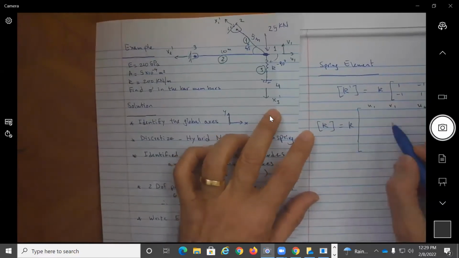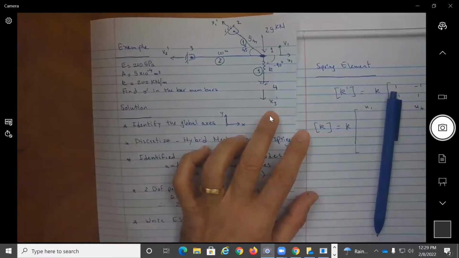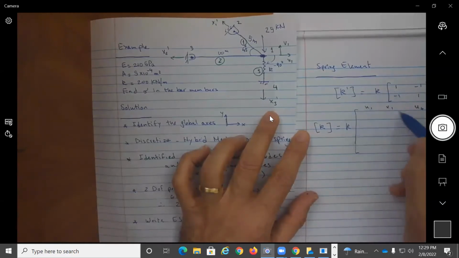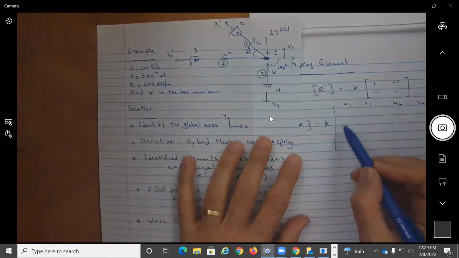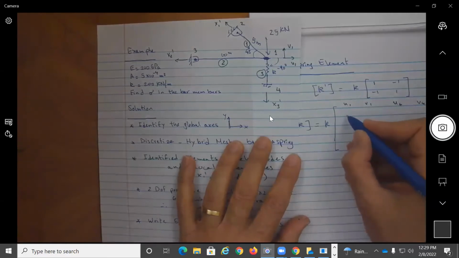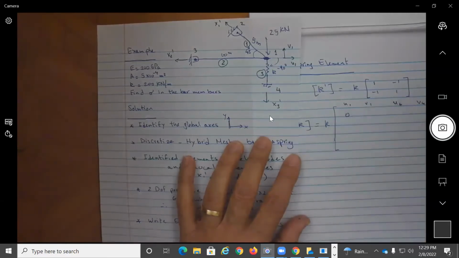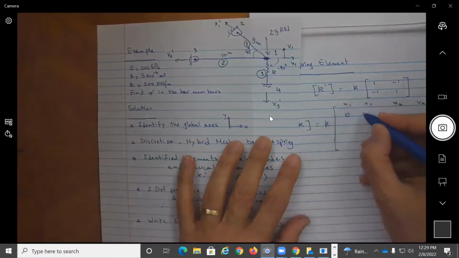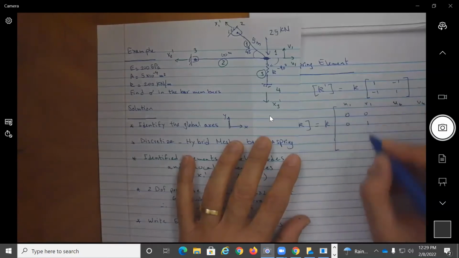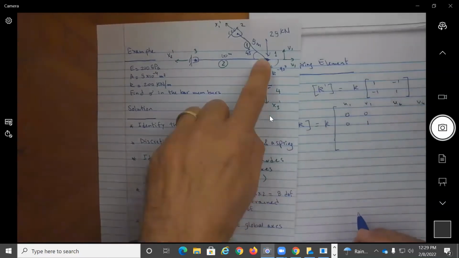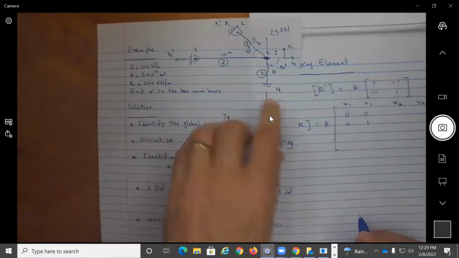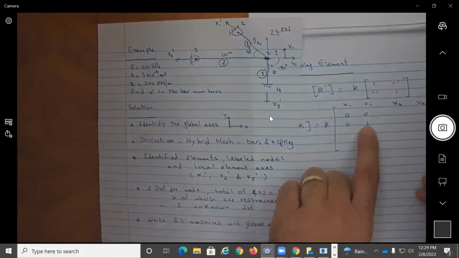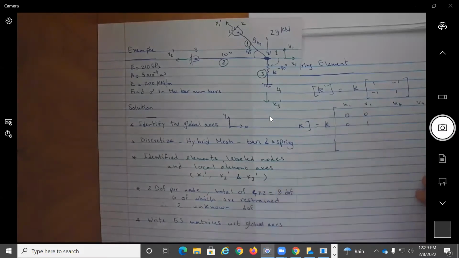The ones I really need are the ones that contribute to U1, V1, which is this here. And when you apply the transformation, you will find that I will get a 0 and a 0 and a 0 and a 1, because the spring is contributing to the vertical direction, right? So the stiffness here is in the V1 direction, and all the others are 0.